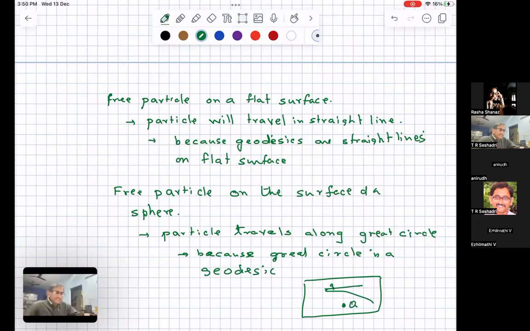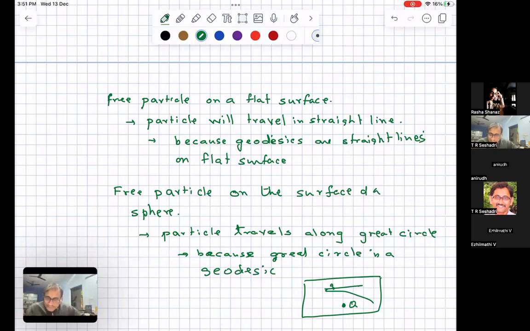When I say no other influence, there is a caveat here. The particle is being constrained to move on the geometry, so you can say that there is some force which is keeping it on the surface. But what is being said is, there is no force acting along that surface. For example, if I tie a particle with a rope, the particle will go on the surface of a sphere.